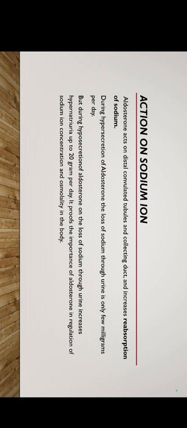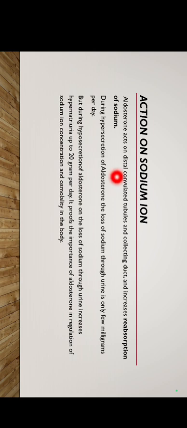During the hypersecretion of aldosterone, the loss of sodium through the urine is only a few milligrams per day. But during the hyposecretion of aldosterone, the loss of sodium through the urine increases, up to 20 grams per day.